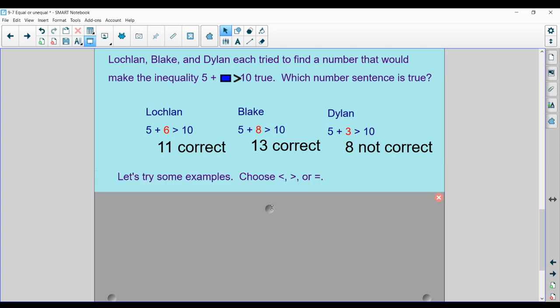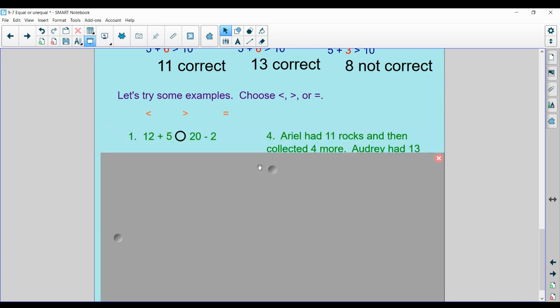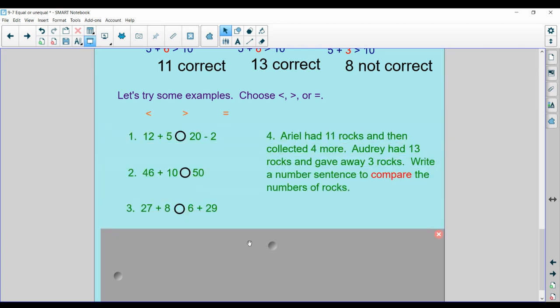All right, so let's try some examples. We're going to choose the symbol that fits. So first we have 12 plus 5 and 20 minus 2.